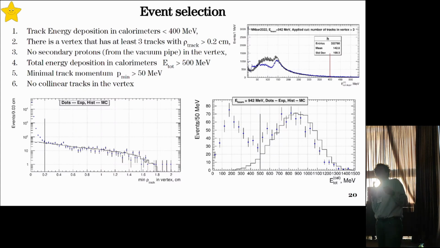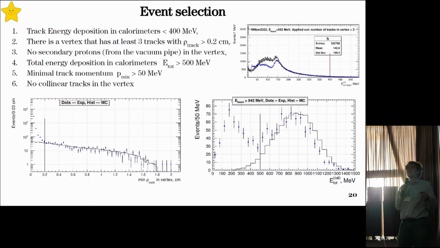It's important because, here you can see distribution. It's important because almost all of the background has small raw of tracks. But some of the signal also has tracks with small raw, but we can't filter this background otherwise.